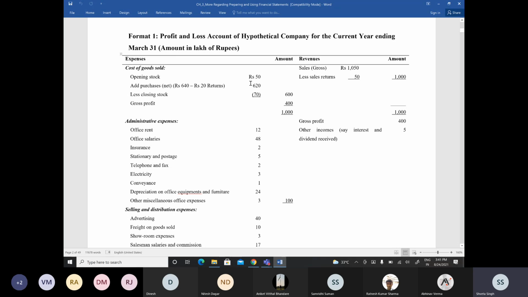Now purchases are shown only for a trading company where you're not actually manufacturing it. But suppose you are a manufacturing company, then in that case, here you will add all the direct labor, all the direct material, all the direct overheads which are being spent in making your product.